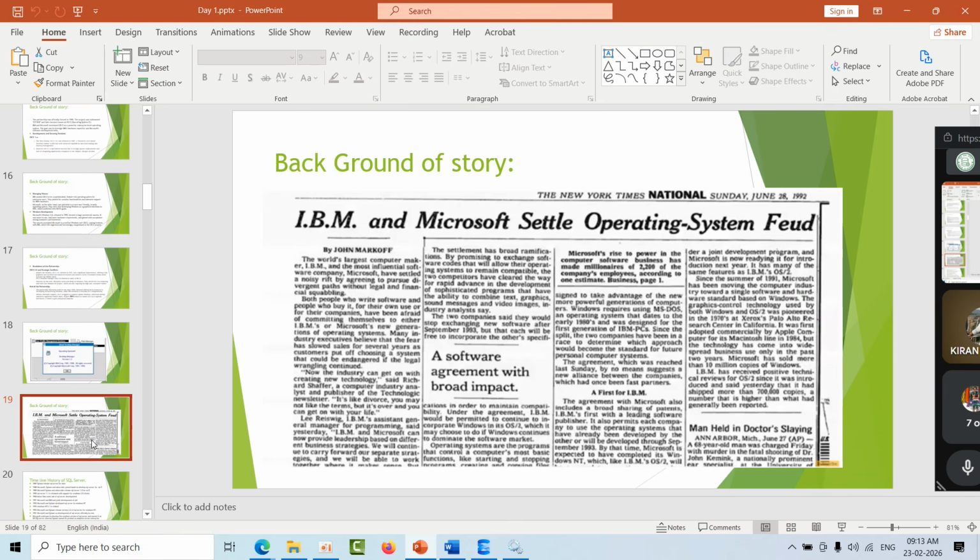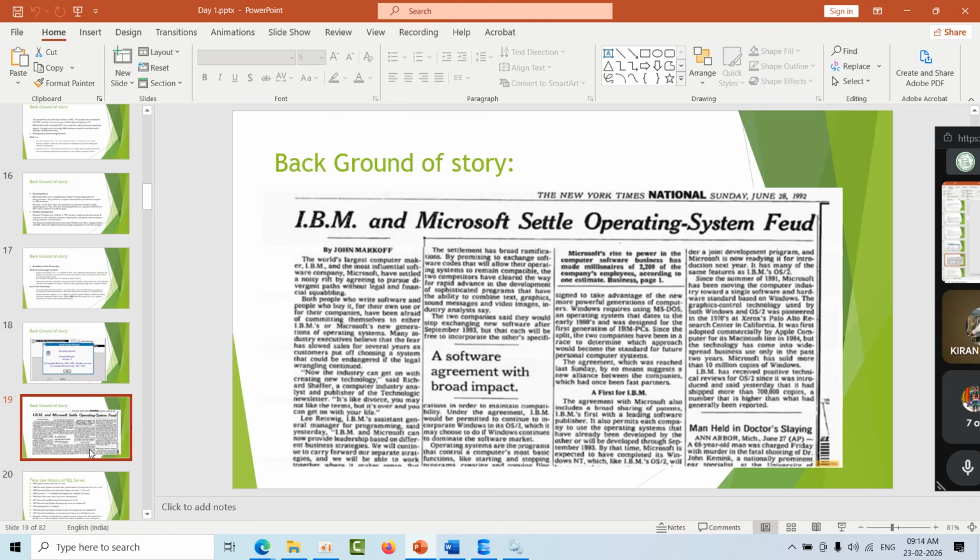Then they settled. They said, if we go like this, we are not going anywhere, we will be stuck here only. So they ended it: you take the source code, I will also take the source code. You develop your own, I will develop my own. Like that, both companies got separated, and they started trying to capture the market by building an ecosystem.